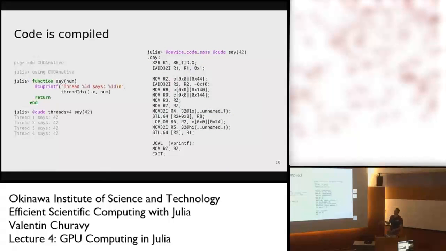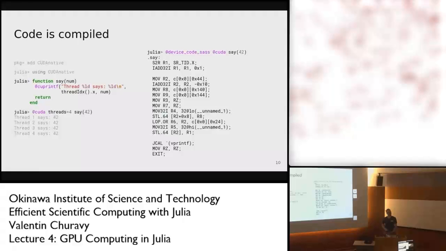And then we can go a step lower and actually look at the assembly code for the GPU. And this is called SASS. And it's very tight and efficient code for what we're doing. I mean, we're not doing much, but I always forget what it stands for.